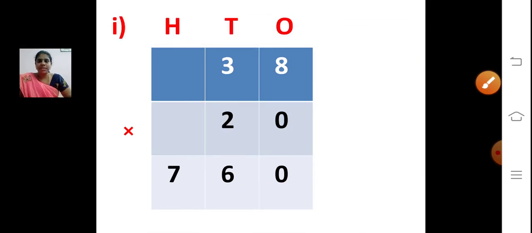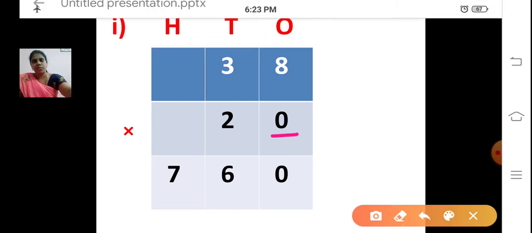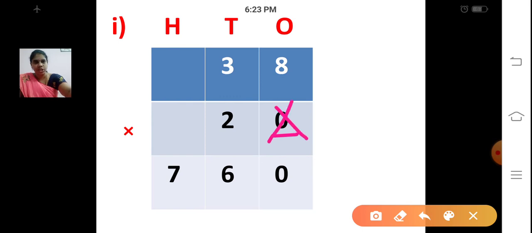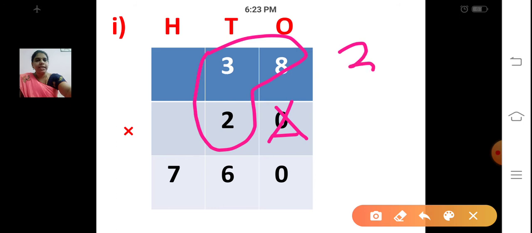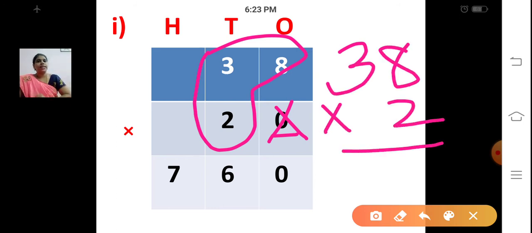So now the next sum is, we are going to multiply 38 into 20. We are going to multiply the two numbers 38 into 20. So just see how many zeros we have. We have 1 zero. Just ignore the 0. Remaining numbers we are going to multiply. 38 into 2. Now 8 2s are 16. 6, 1 will be carried over.